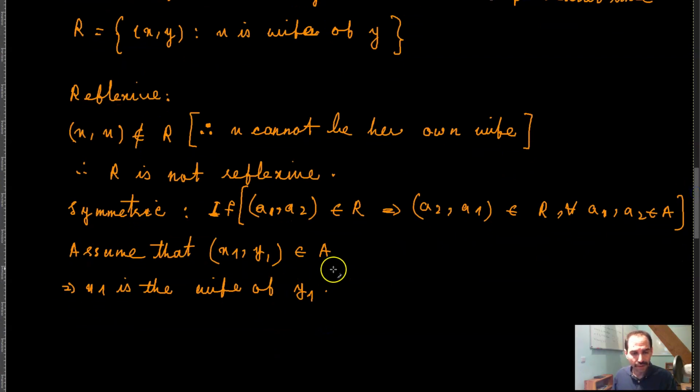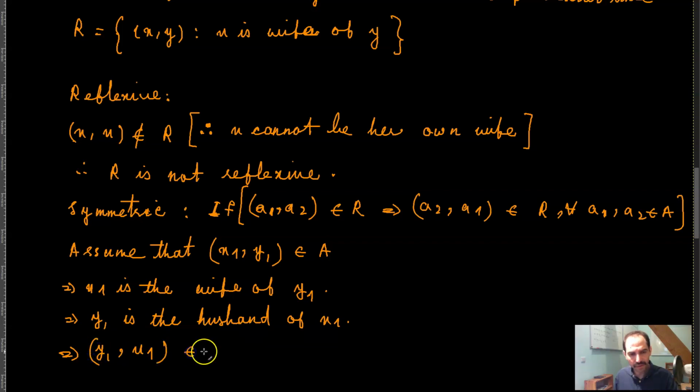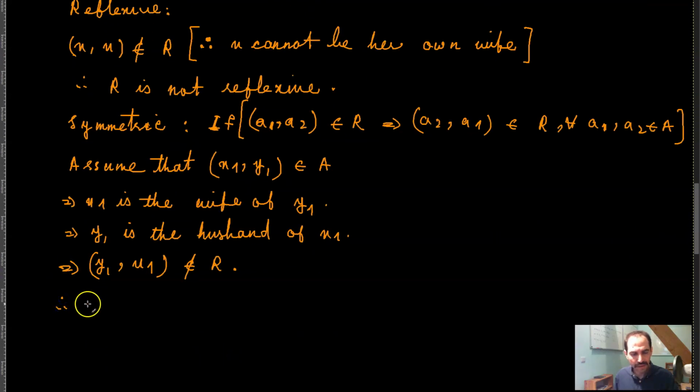If x1 is the wife of y1, that means that y1 is the husband of x1, which means that (y1, x1) does not belong to R, which means that R is not symmetric.